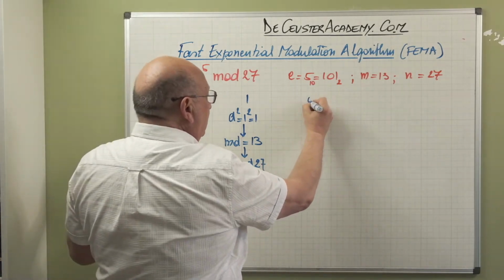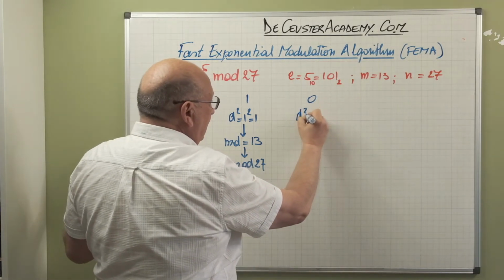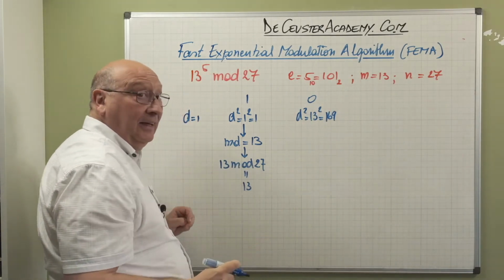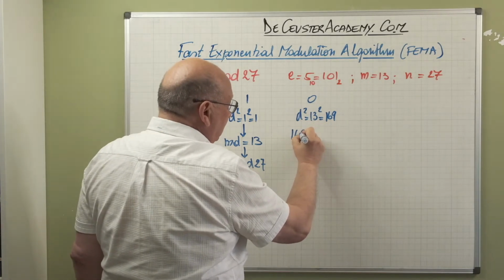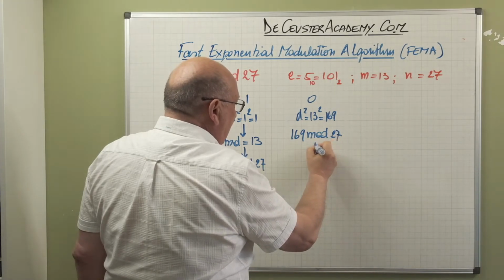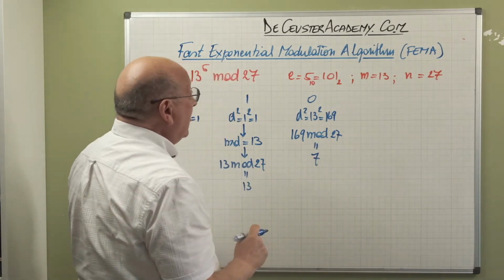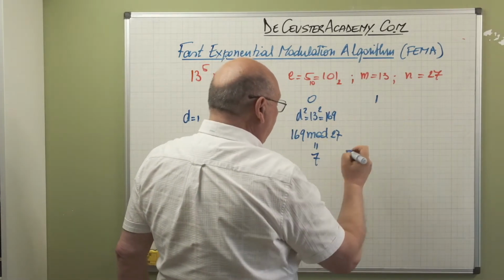Now we have 0. Now this is the new d, so d to the square is 13 to the square, which is 169. When we look at this, now we have to calculate 169 modulus 27, and that number is equal to 7. And the last element here that we have to do, the one here.